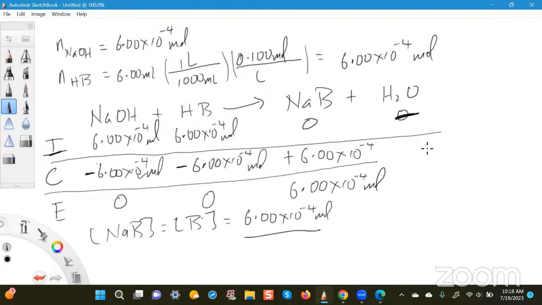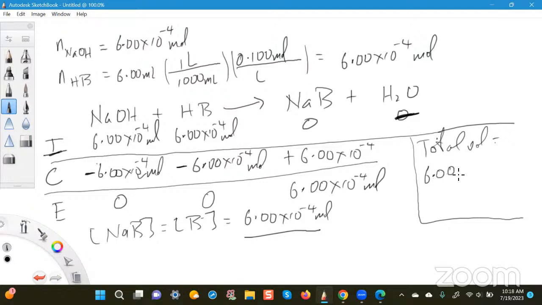Now the total volume, let me create a little box over here. The total volume would be the volume of the sodium hydroxide, which is, let me see here. I have to scroll back up. I know it's 6.0 plus something.